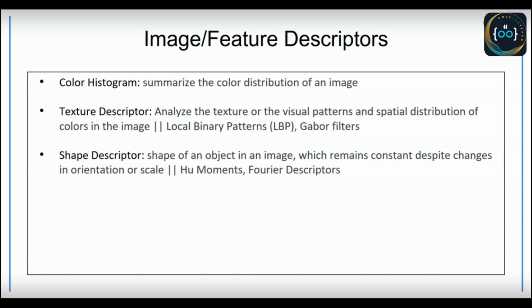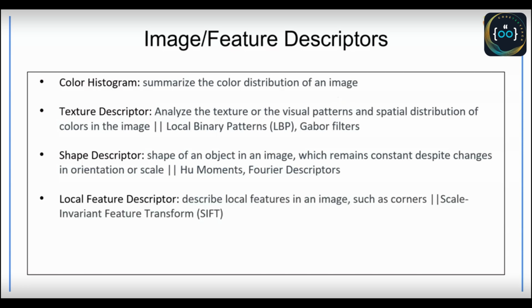Shape descriptors are used to describe the shape of an object in an image, which remains constant despite changes in orientation or scale. Examples include Hu moments, Fourier descriptors, etc. Local feature descriptors are used to describe local features in an image, such as corners or distinctive blobs.